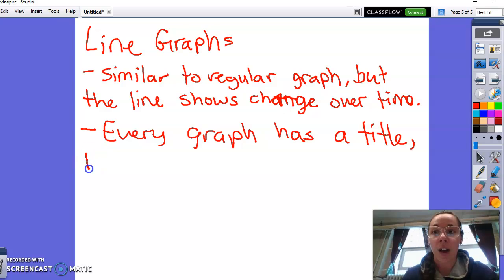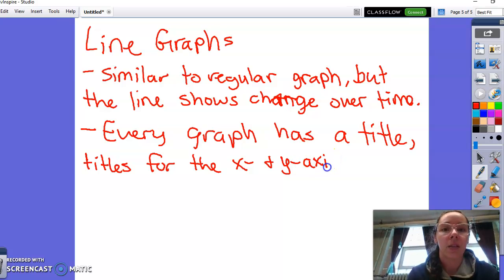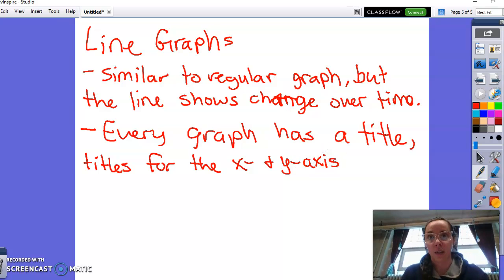It also will have titles for the X and Y axes. Those will have their own titles because we need to know what we're measuring. And the X and the Y tell us, here's what you're measuring on the bottom, here's what you're measuring on the top. So those have to have titles as well.